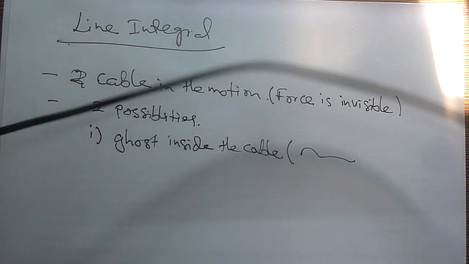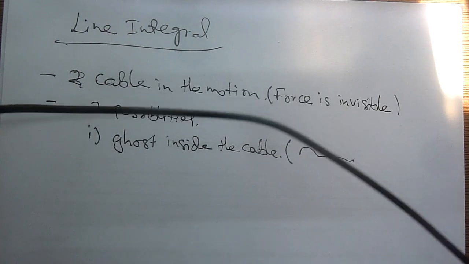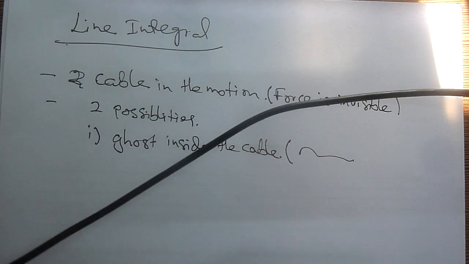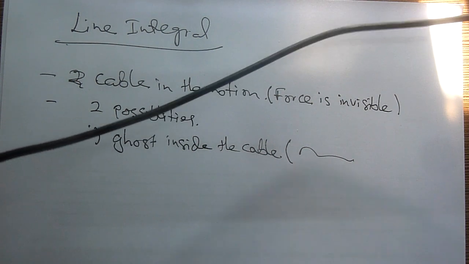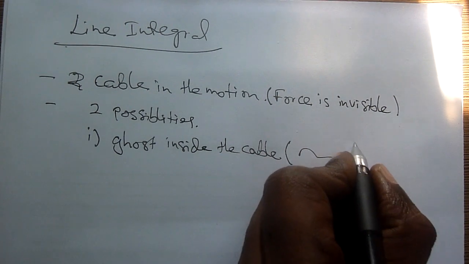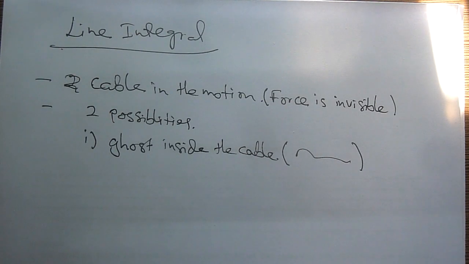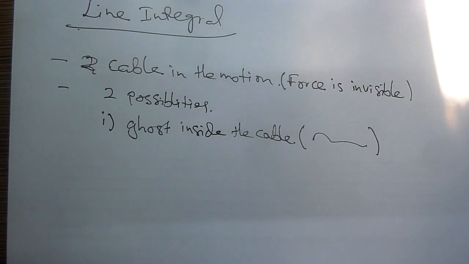You will say, oh sir, you are the person moving. No, actually I am not making any movement. There could be a ghost inside the cable making the cable move. I'm not joking here. I'm serious, there could be some force inside making the cable move. Possible, right? Therefore you should see that possibility and you cannot ignore it and simply say no, it is somebody outside.